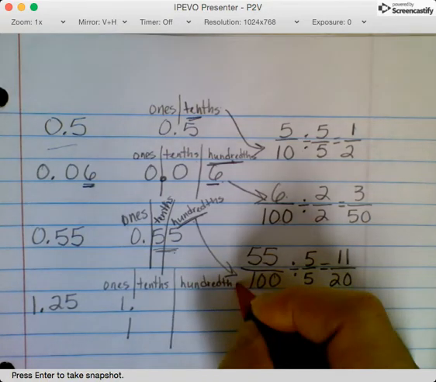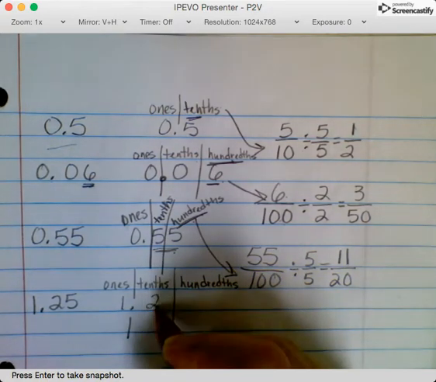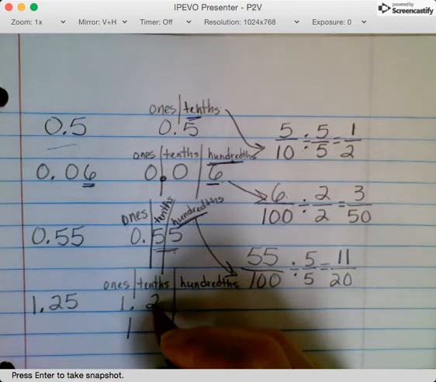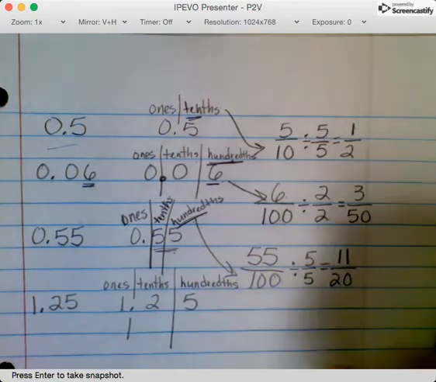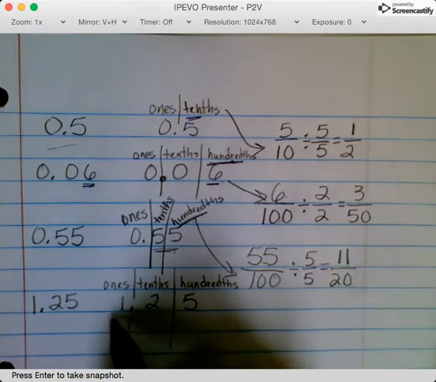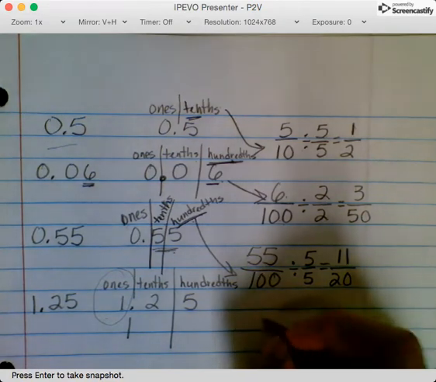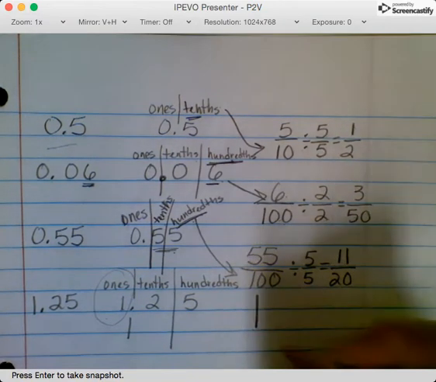And I will show you in a minute. So 1 in the ones place, 2 in the tenths place, 5 in the hundredths place. So this time we have 1 in front of the decimal. That's just going to be a whole number 1.